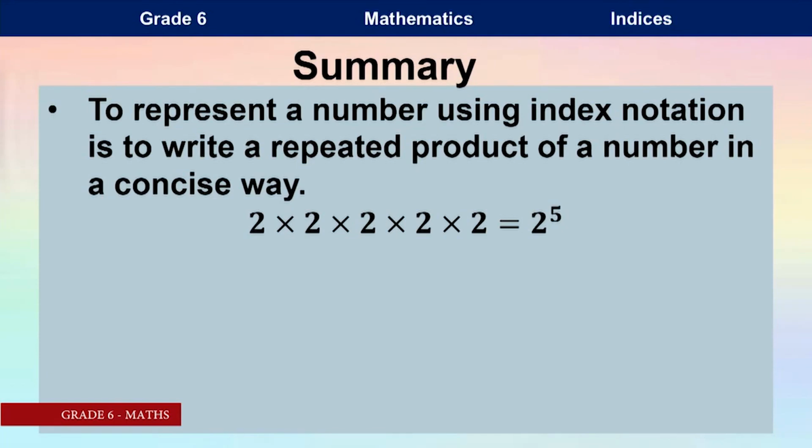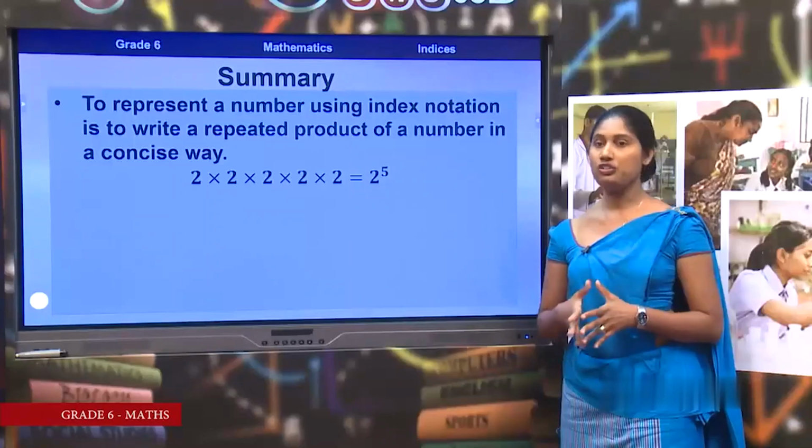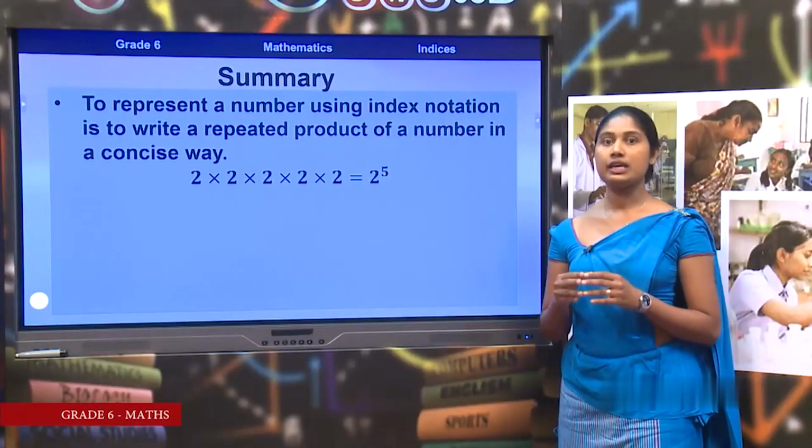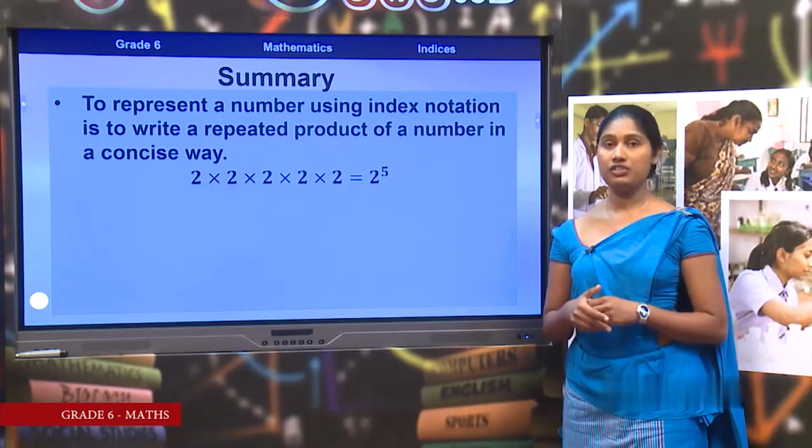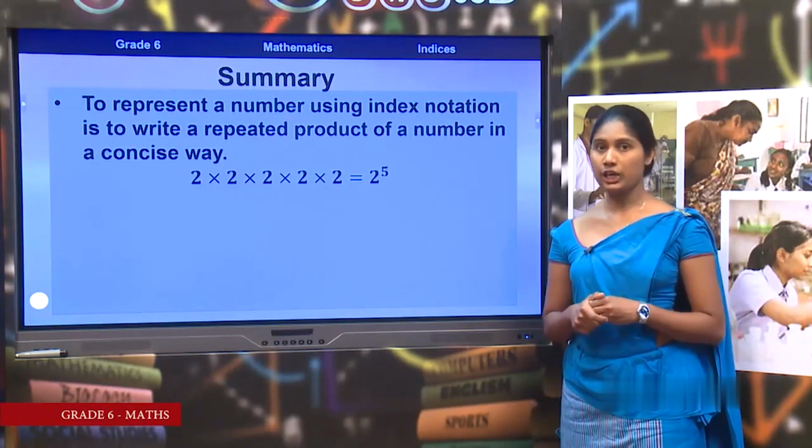Then you know here 2 is the base, and 5 is what we name the index. Then if the index is 2, we can call it squared. If the index is 3, we can call it cube.